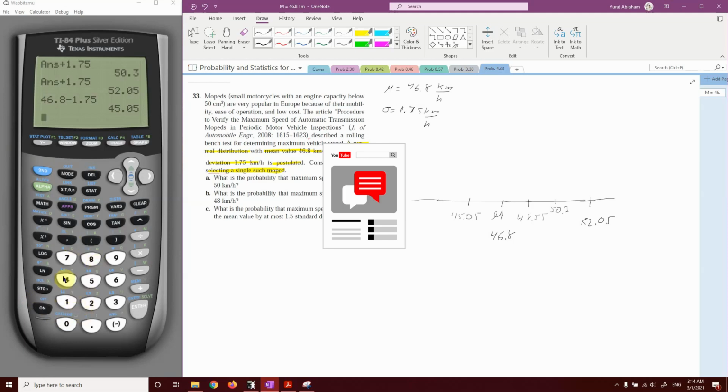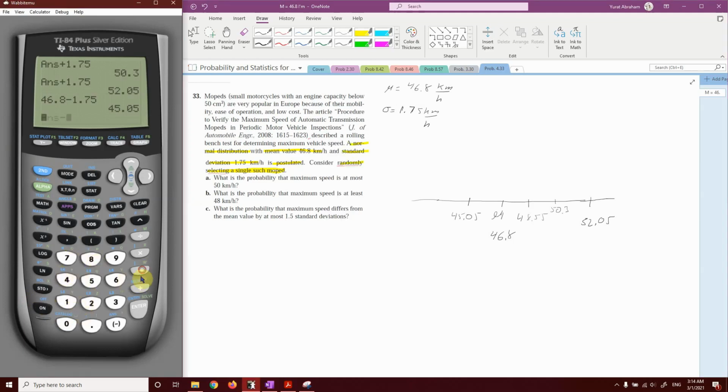Okay. All right. So let's go one more subtract 1.75. Because what's the point of giving you guys the answer if you don't know what's really happening? Okay, 43.3. And one more time.